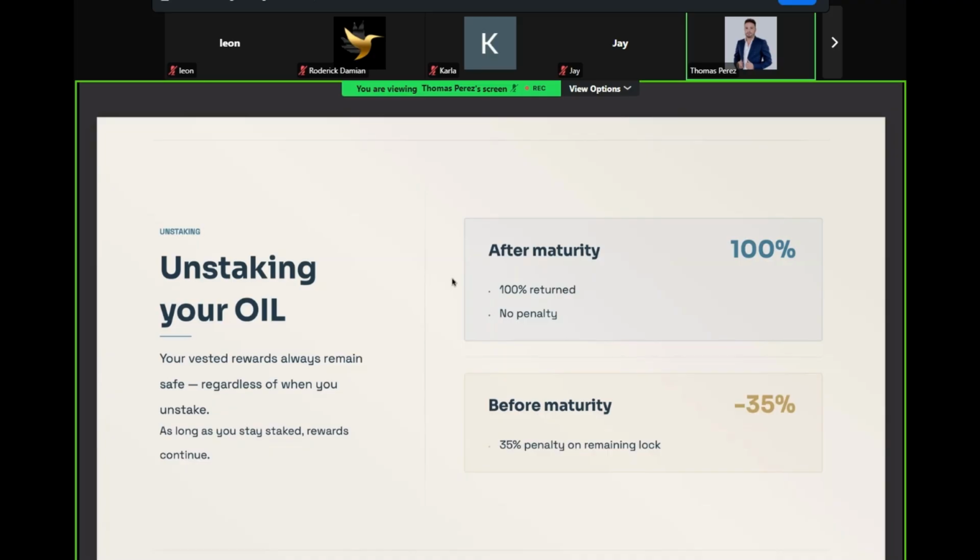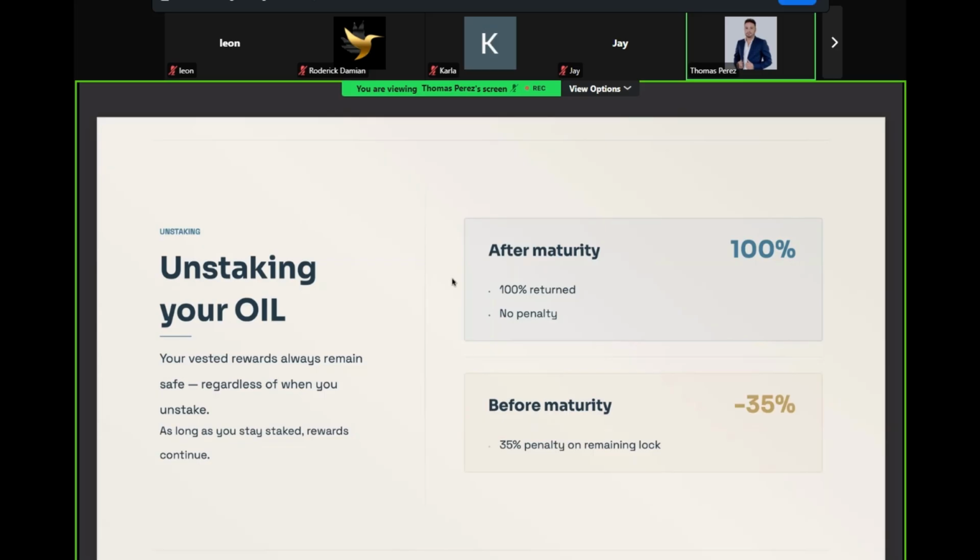That's logical. But let's say life sometimes is tough, there is some situation, some need, an emergency, and so on. We designed the system to let you, even if you decided to lock for a specific period of time, exit earlier.